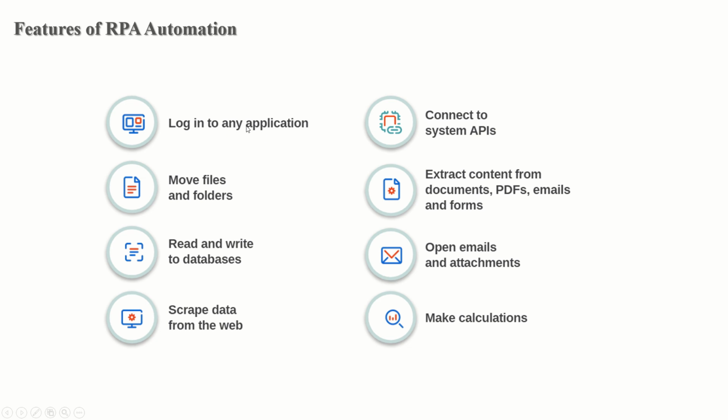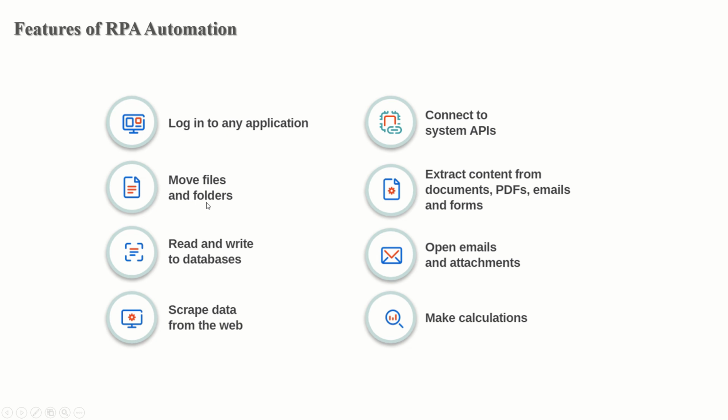Like logging into any application. Suppose you are logging into the Oracle applications, using this automation anywhere you are able to log into that application, and SAP application also you can log in. Like your Gmail, Facebook, Twitter, Google. Whatever the web-based application, using this RPA automation tool, you can log in and then move files and folders.